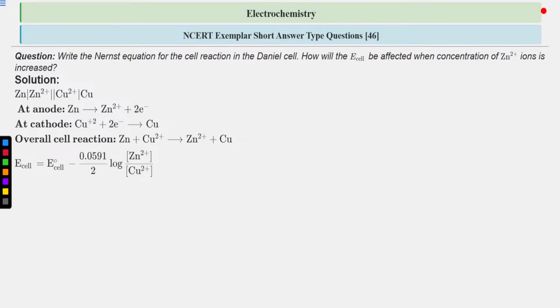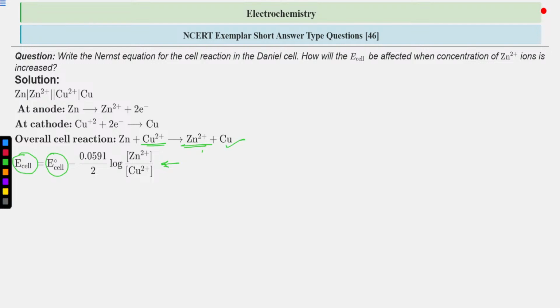The Nernst equation involves E naught of the cell, the standard cell potential, and E of the cell, the potential of the cell, and the concentrations of the product and reactant ions. So E cell equals E naught cell minus 0.0591 by 2 log of Zn2+ in the product side divided by Cu2+ in the reactant side.